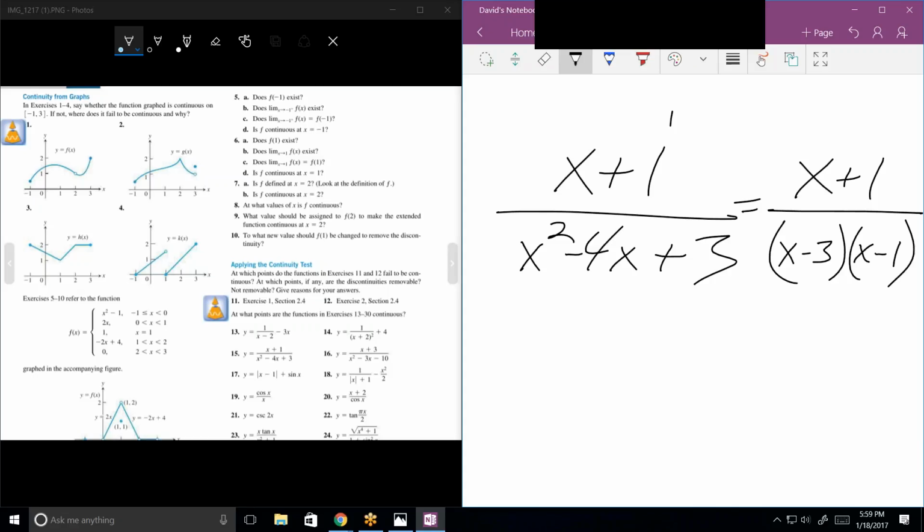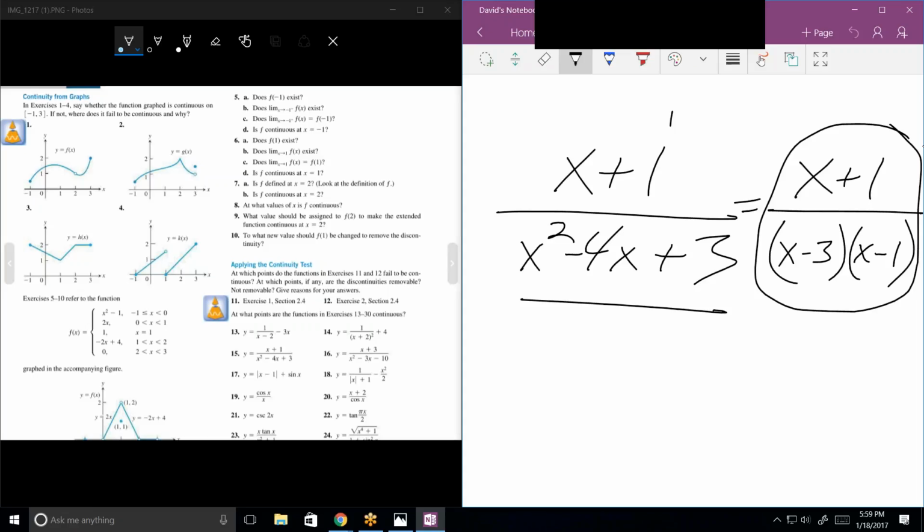Notice that if I split it up into these two and multiply it together, I get that. So now there are 2 spots that give you problems, which means there are 2 vertical asymptotes. Where are they? 3 and 1. That's all. Usually when you're dealing with continuity, it's figuring out where the denominator is 0.